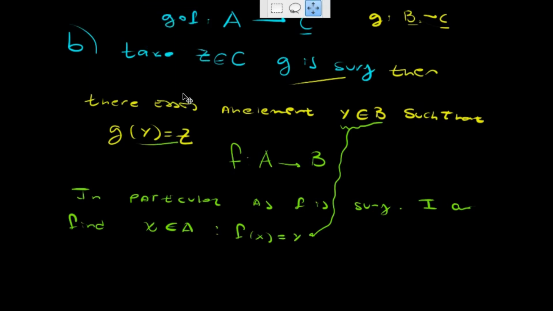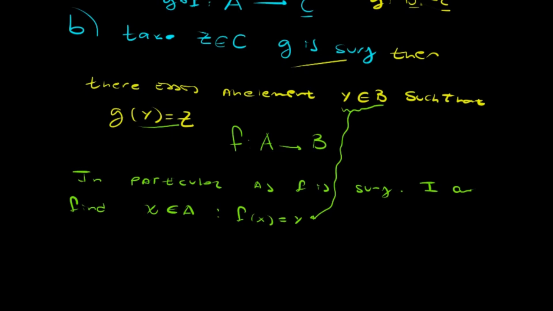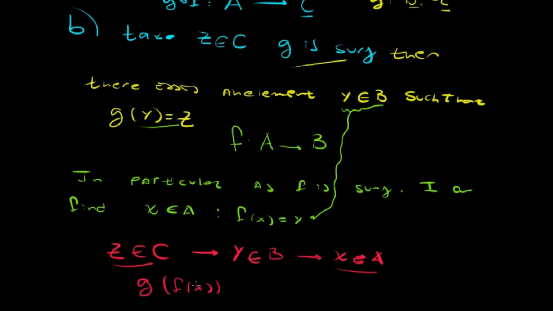So let's see what we have. I started with z in C. I found a y in B, and then I found an x in A. So given a z in C, I was able to find an element x in A that verifies that g composed with f of x, because this is g of y, equals z.